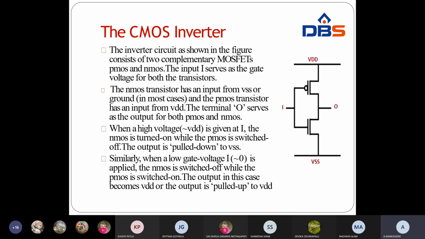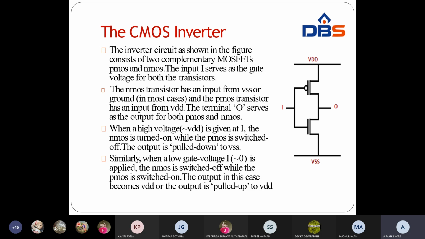The same logic high voltage, the VDD voltage, is applied to the NMOS transistor. So VGS is greater than or equal to VT. Whenever it crosses the threshold voltage in the NMOS transistor, the device creates a channel from the source to the drain terminal.